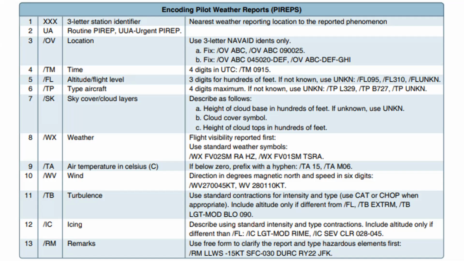So for instance, when you're reading this, slash FL and then it'll give 095, that's 9,500 feet, slash FL 310 would be 31,000 feet. So that's kind of how we read those. Slash TP is the type of aircraft. So for instance, B727 is a Boeing 727.